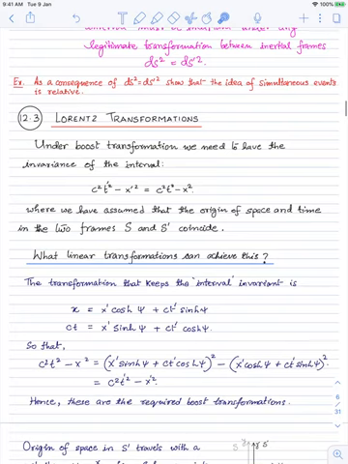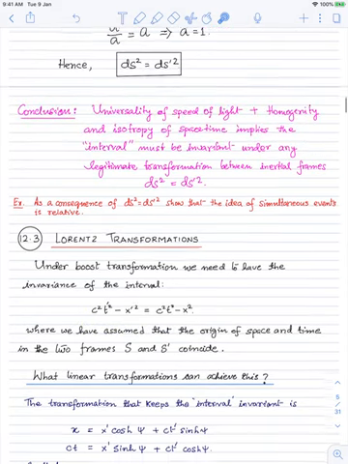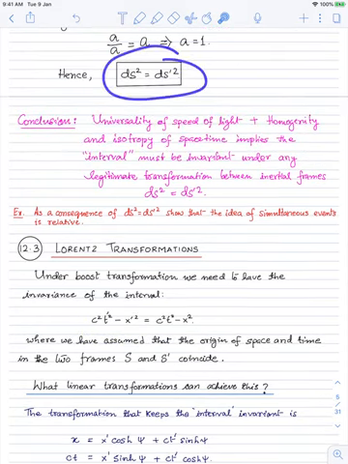So under boost transformations, we need to have this kind of an interval. So of course this is an infinitesimal statement. Now you can integrate the infinitesimal statement to convert it into a statement for finite intervals. Okay, then this should also be valid. If it is valid for all infinitesimal intervals, then it should be valid for finite intervals as well.